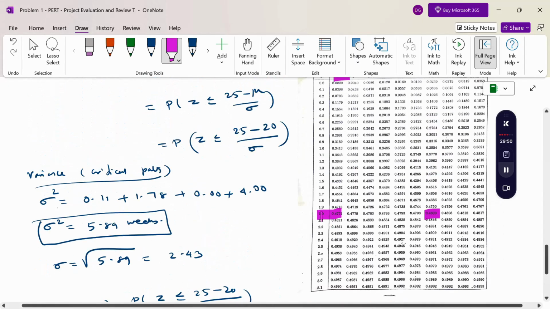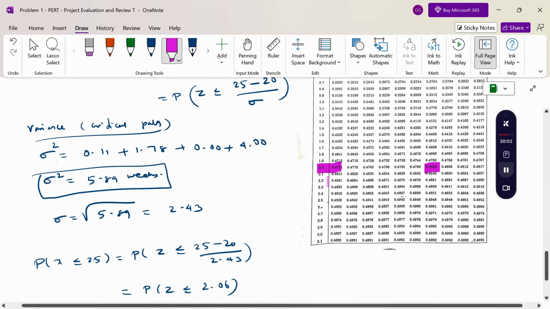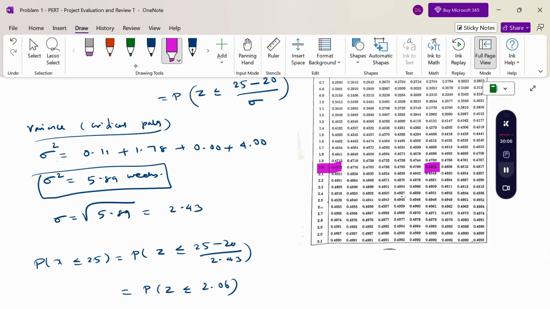If you consider 2.06, the value is 0.4803, or if you consider 2.0 only, it is 0.4772.